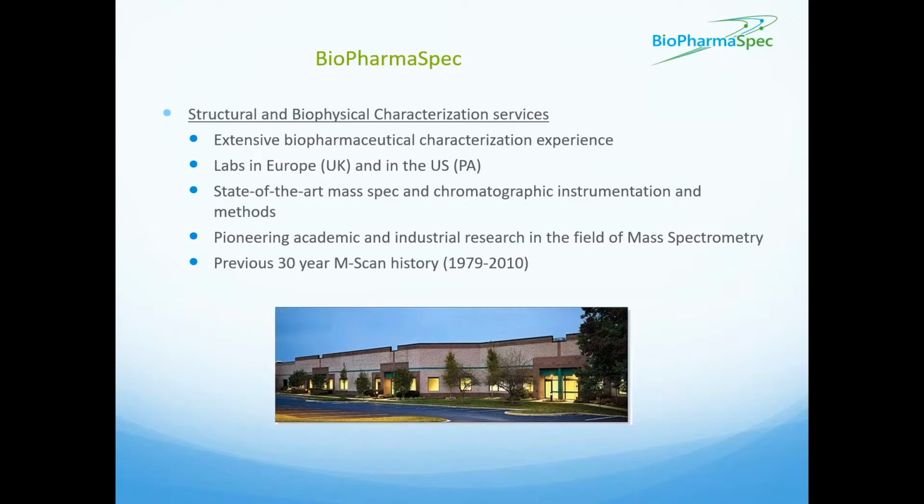And we use state-of-the-art mass spectrometric and chromatographic instrumentation, along with a suite of other instruments, to provide full characterization, structural, analytical services that are needed within that area. We have labs in the UK. Our UK lab is based in Jersey in the Channel Islands, and a lab in the US as well in Pennsylvania.